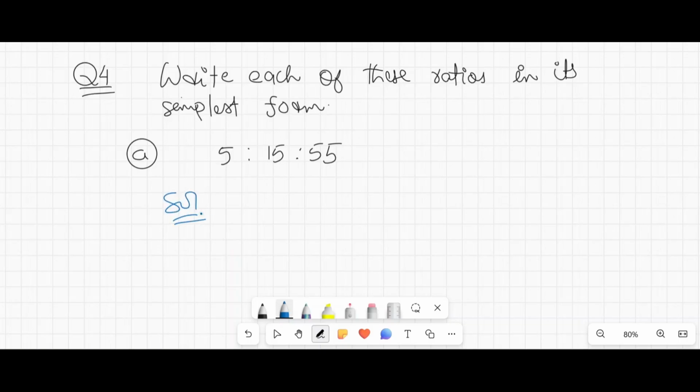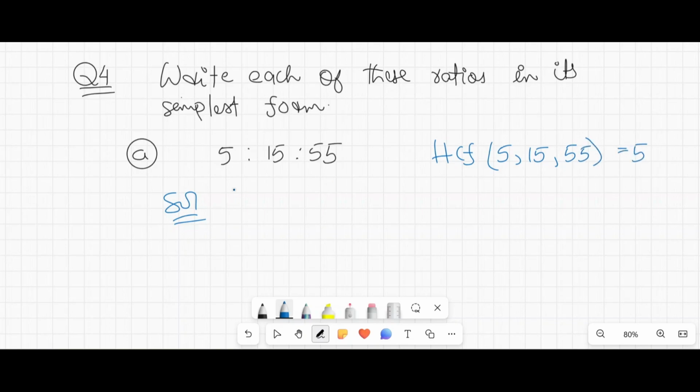So now we need the highest common factor of all three. The highest common factor of 5, 15, 55 is 5.